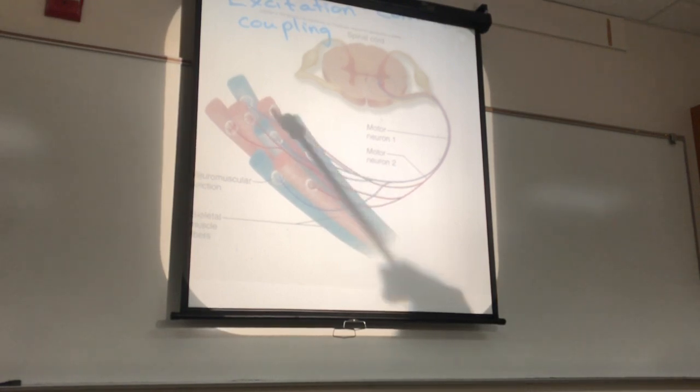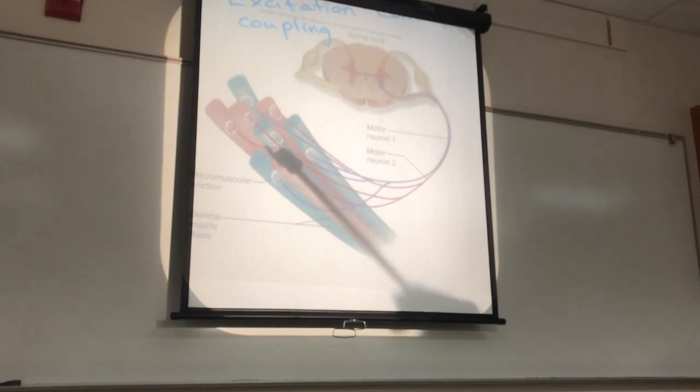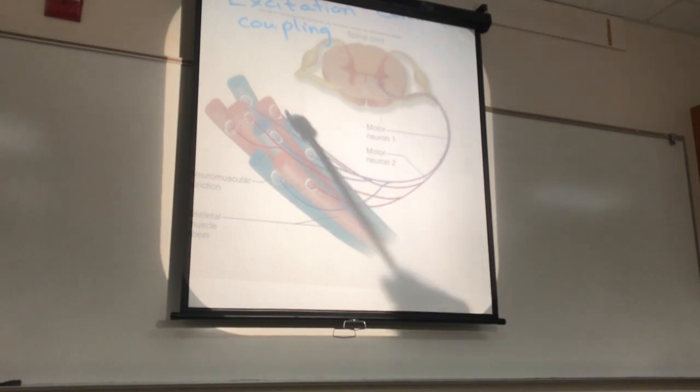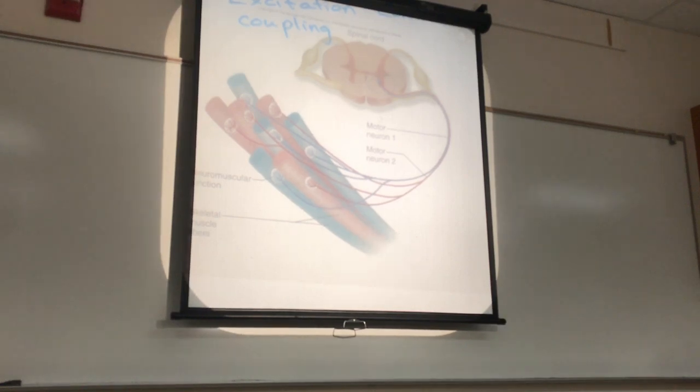So each branch off of the axon has its own synaptic knob, its own neuromuscular junction with a different muscle cell. Action potentials coming down the red neuron are going to stimulate this cell, this cell, this cell, and this cell. All four of these are going to be stimulated to contract.